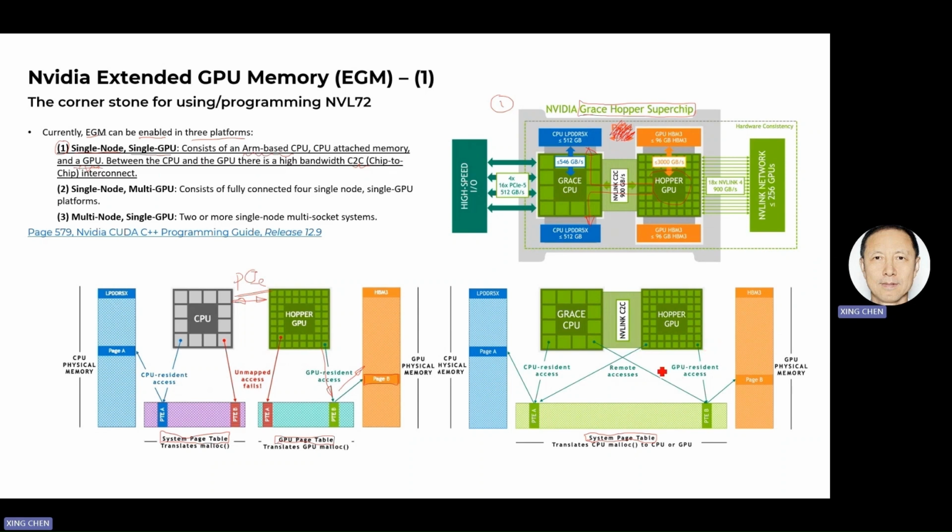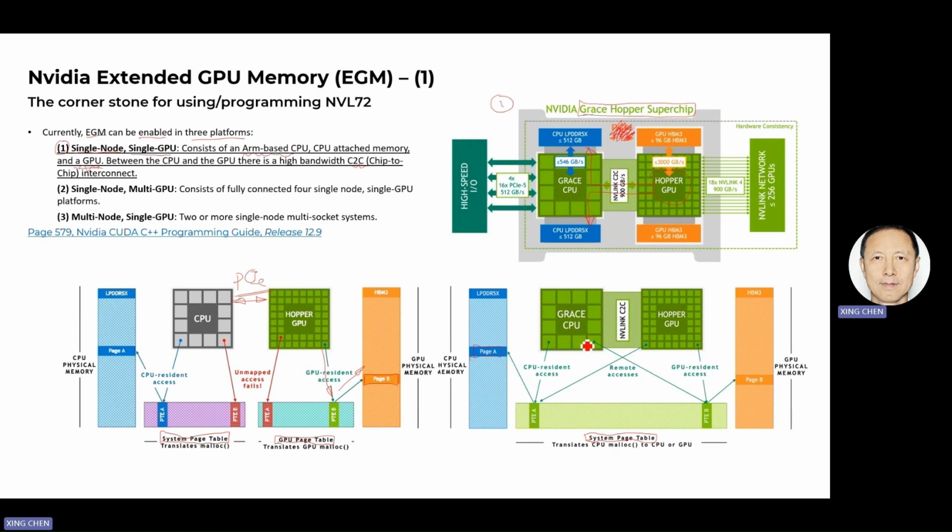So now, if the Hopper GPU wants to read or write to the CPU memory, it is okay, because the GPU can access the system page table, and the virtual address to physical address translation can be done by this page table.